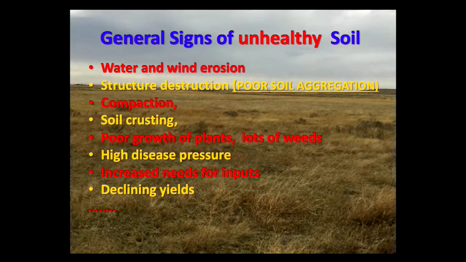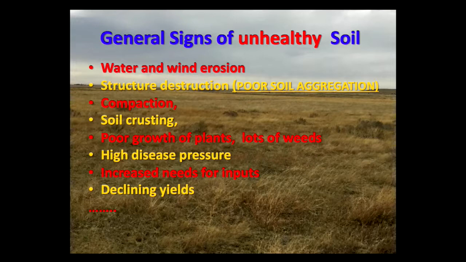So first of all, I just want to mention some of the signs of unhealthy soil. When we see that there is some water and wind erosion, when we see there is compaction, when we see there is poor soil aggregation, when we see that the yield is decreasing, we see some sign that something is going on in the soil, and that is an indication that the soil is not healthy.